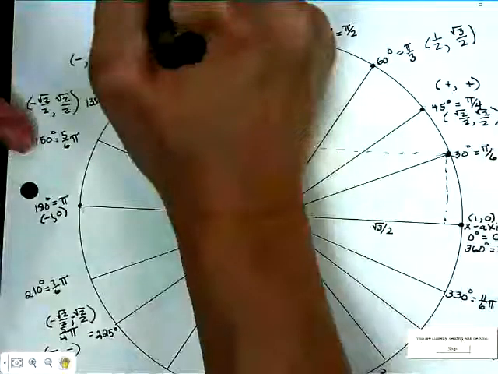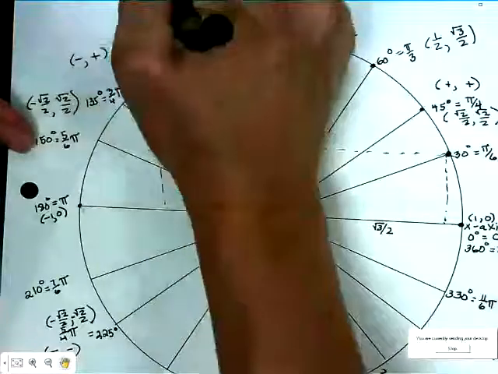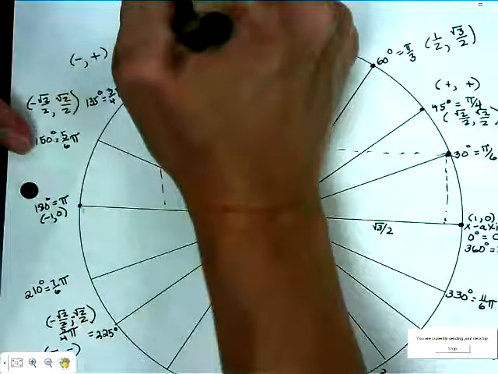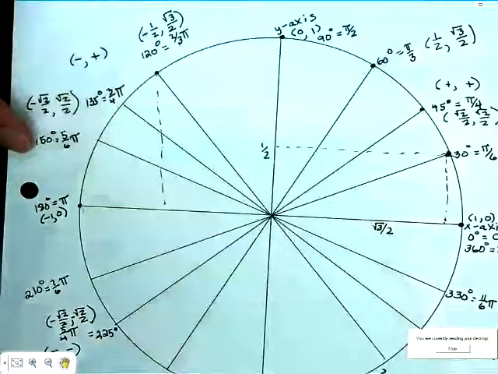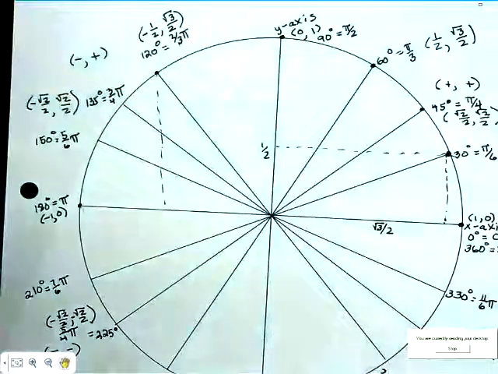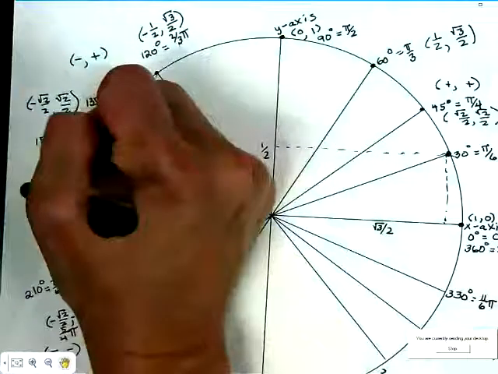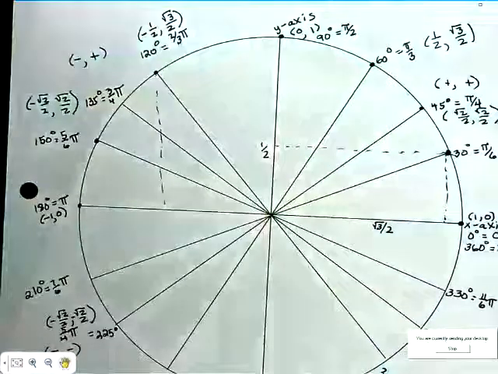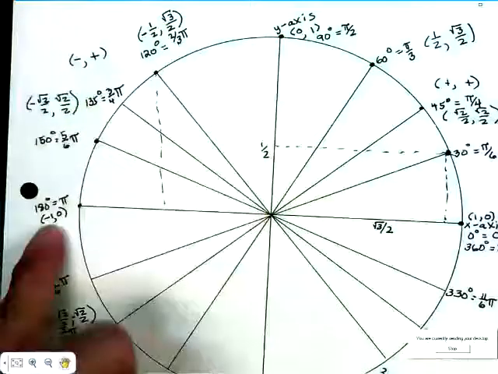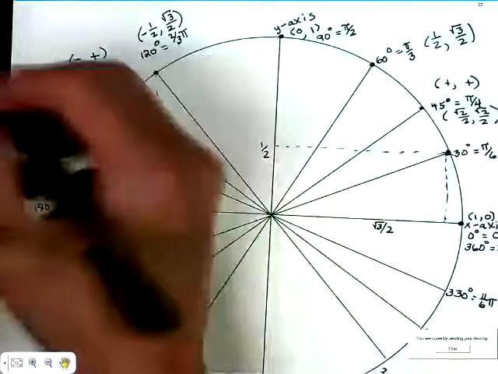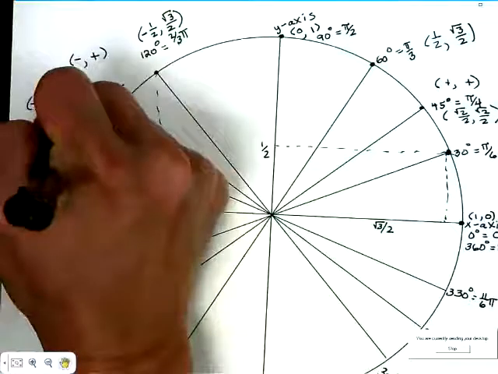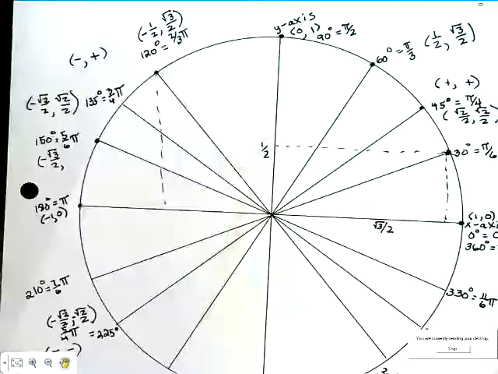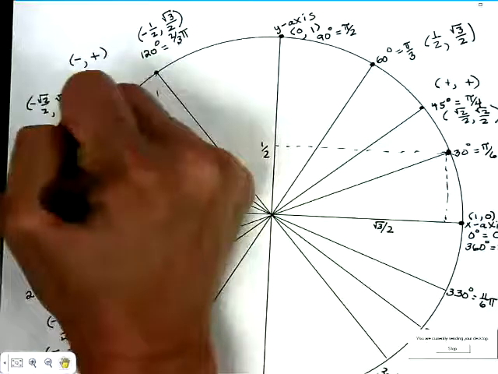Only it's negative because we're in the second quadrant. At this 150 degrees, or 5/6 pi, the x is almost back to -1. So the x is negative square root of 3 over 2. The y is a half.